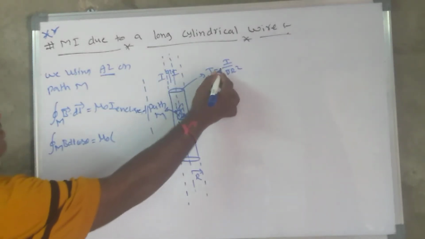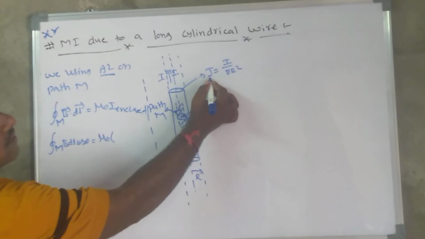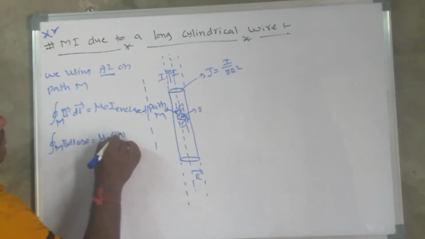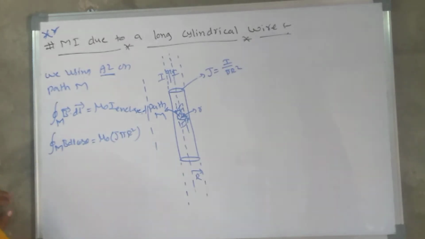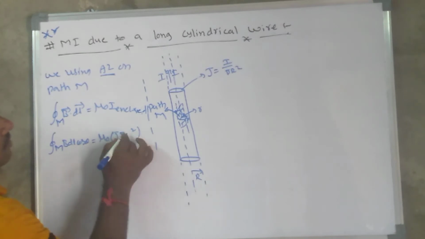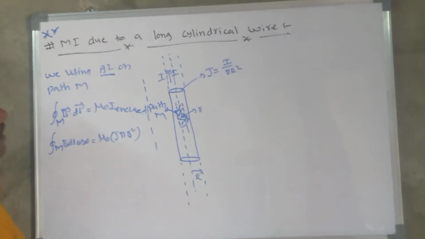We don't know the current value directly, but we know the current density times the area, so the enclosed current is the current density times pi r squared, with the smaller radius small r.